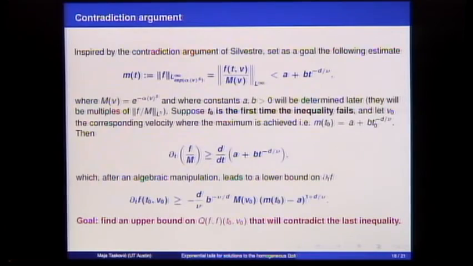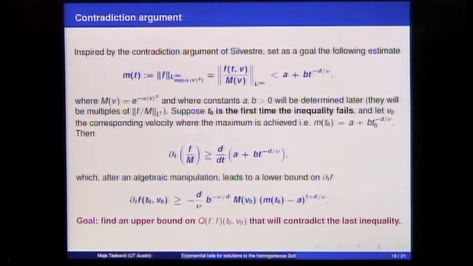I just want to show quickly what Silvestre's approach is. What he says, and we had to modify it to fit our setting, is to set as a goal that the norm you're looking at is less than a plus b t to some negative power. Don't worry about that power. A and b are going to be found later. For nice solutions, this norm is actually finite at every time, but you don't know how it behaves in time.